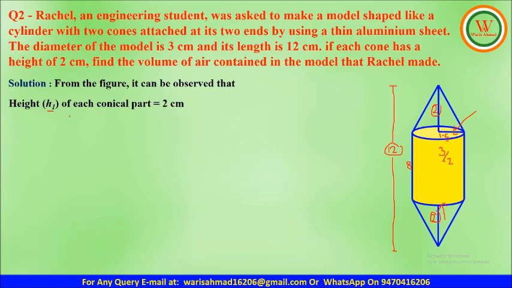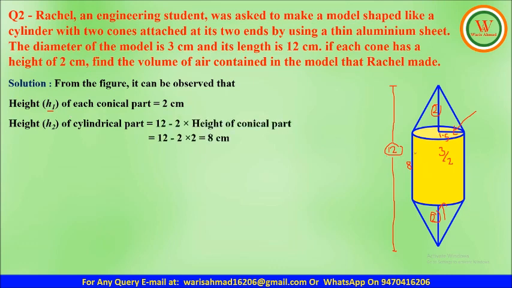Now the second line we can write here, height h2 of cylindrical part that we have already calculated will be equal to 8 centimeter. Now the next line we can write, radius of cylindrical part will be equal to the radius of the conical part, because the base of both cylinder and the cone are equal, hence the radius will be equal to 3 upon 2 centimeter.